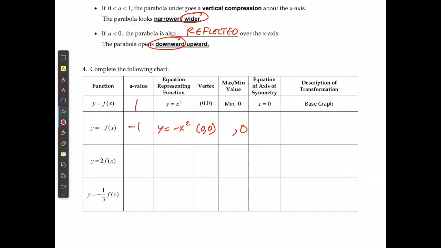Now it's going to be opening down, so it's going to change it from a minimum to a maximum. It doesn't move it left or right, so it doesn't change the axis of symmetry. And then what is the description of the transformation? It is a reflection in or about the x-axis.